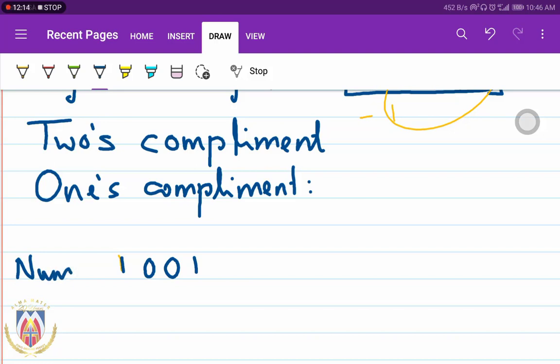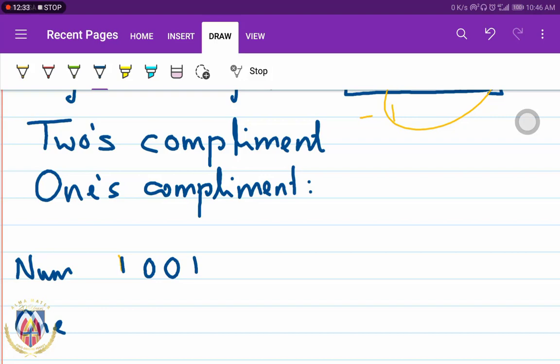If we want to change this number into its 1's complement, I would have to get a binary number by subtracting each digit from 1.